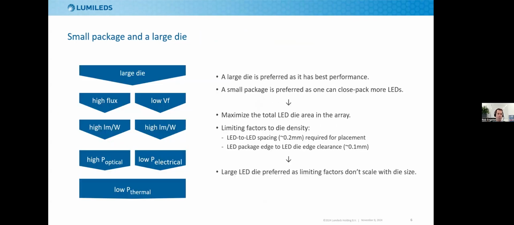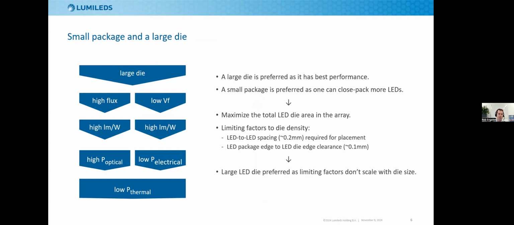First of all, we like to have a small package and it needs to be best performing. So let's have a look at this best performance. You can achieve that with a large die. As the LED chip becomes larger, you get higher flux out of the LED, and simultaneously the voltage you need to drive this LED gets lower.